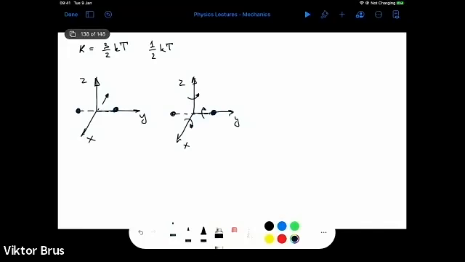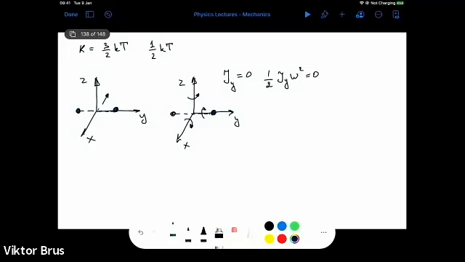If it rotates about axis y, then moment of inertia about axis y will be equal to 0, and that means that the kinetic energy for such rotational motion, which is defined as 1/2 moment of inertia about certain axis of rotation times angular velocity squared, will be also equal to 0.